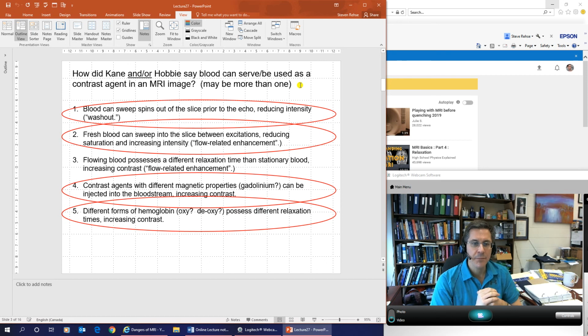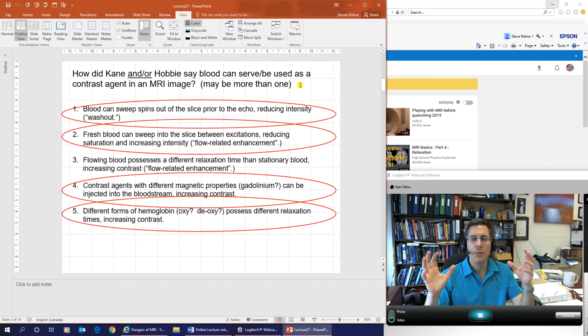And then lastly, it turns out that you don't even have to inject stuff because your blood has a magnetic agent in it right away, and that's called hemoglobin. We've talked about that. We talked about the optical properties of oxy and deoxyhemoglobin. Think about it, and you guys know this from your intro biology classes: what does hemoglobin do? It carries oxygen through the body, but hemoglobin has iron in it. So the oxygenation state affects the amount of iron in the molecule, and that affects its magnetic properties.